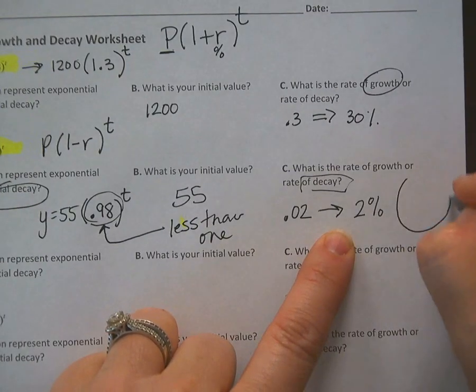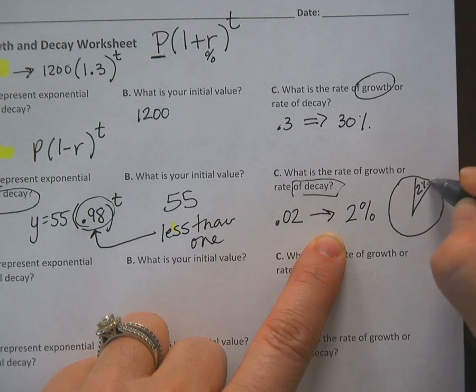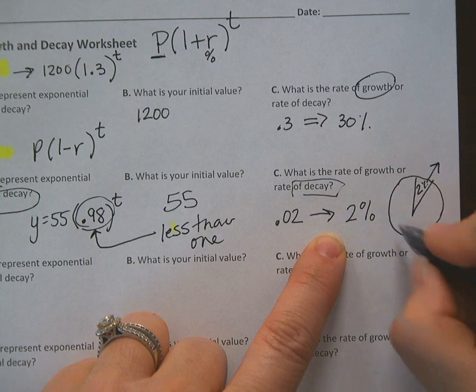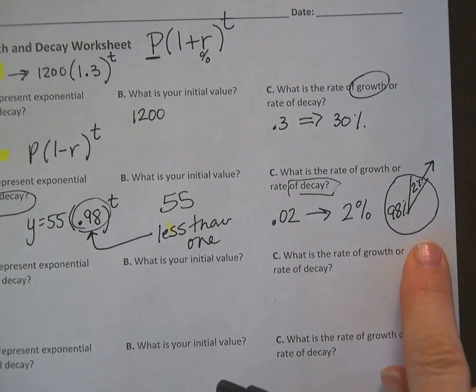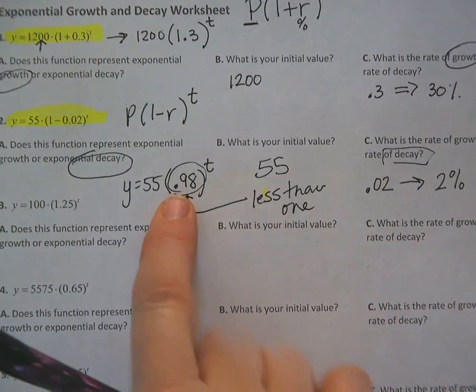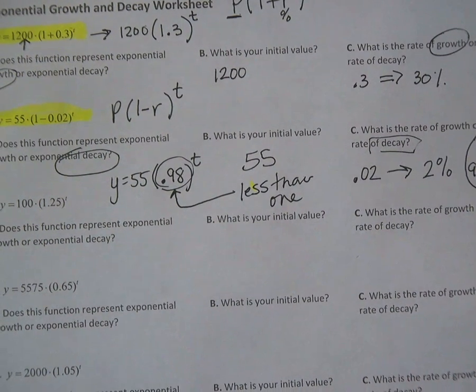Okay. Now, if you think about this for a minute, we've got 2% decaying. So if you can imagine, if this is your entire population, if 2% is decaying, it makes sense that 98% is the percent that remains. So once you subtract this, you get 98%, meaning that's the population that occurs and keeps happening year after year.